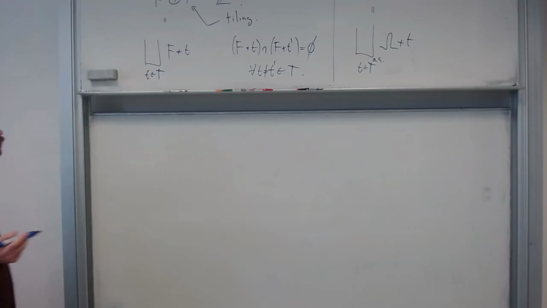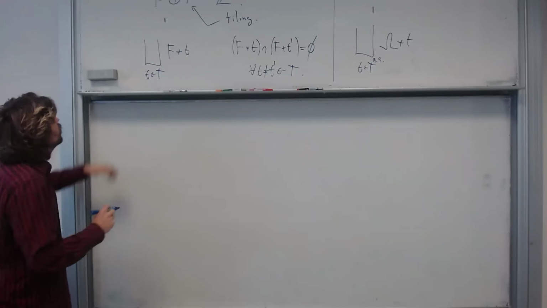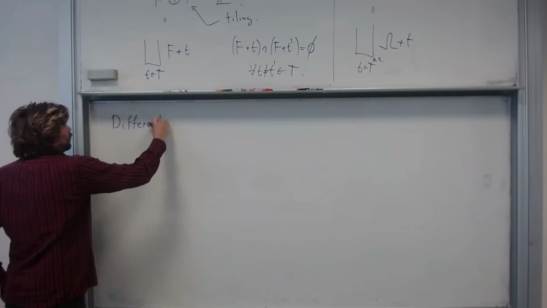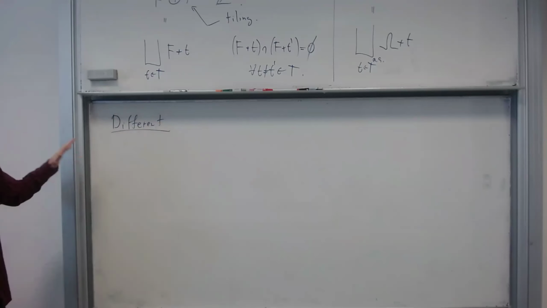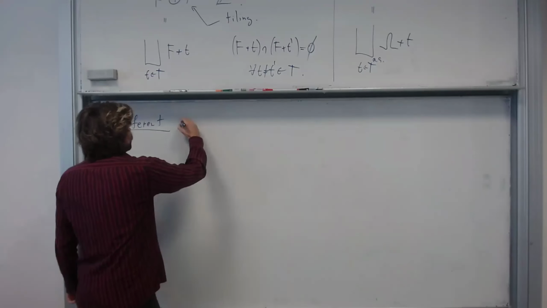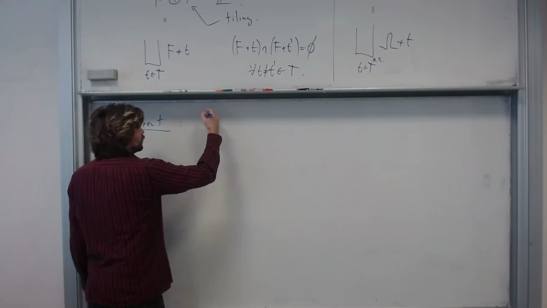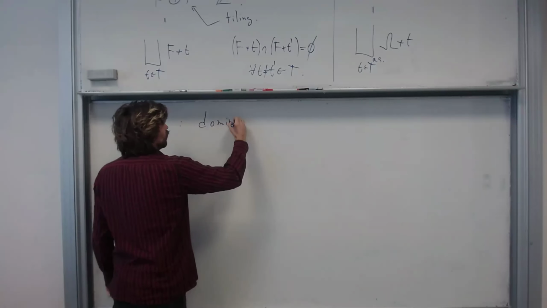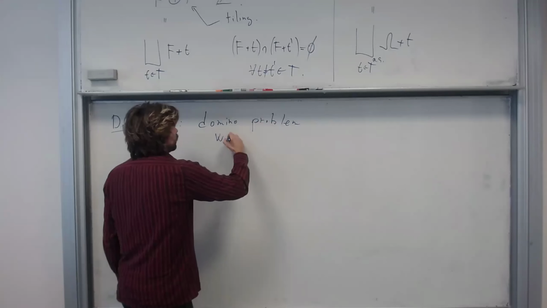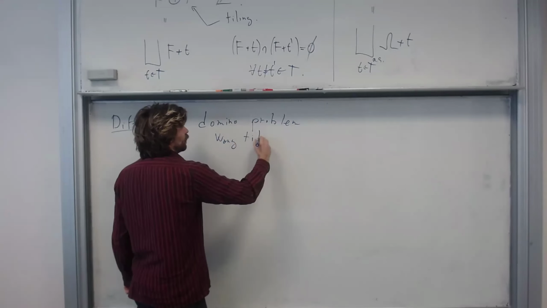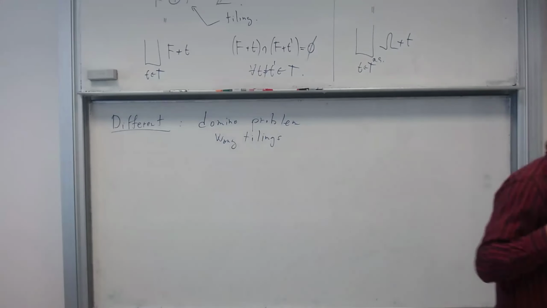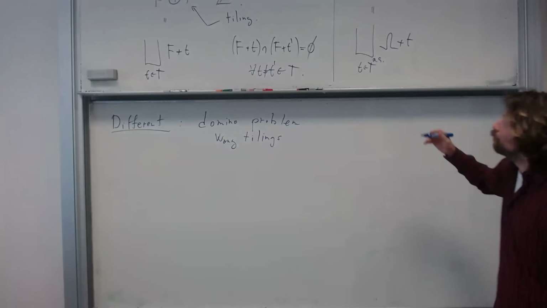Okay, so let me maybe emphasize that this is different. I don't know much about other cases, but this is different from the domino problem or the Wang tiling problem, where we have more shapes.